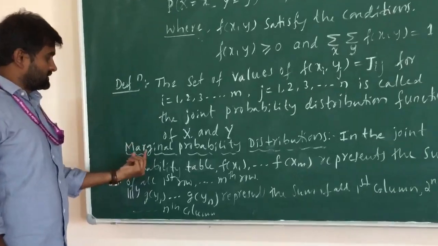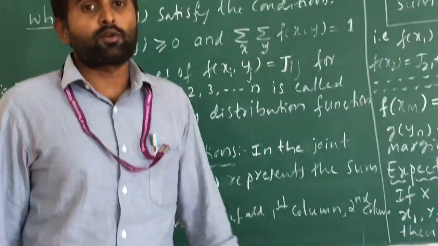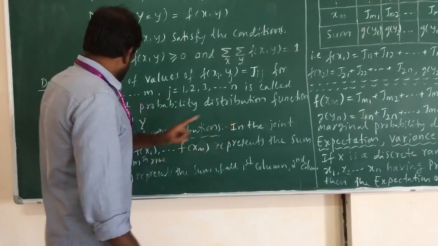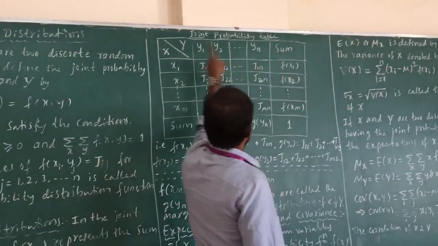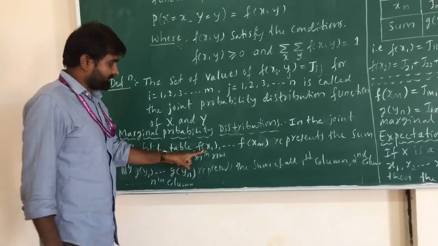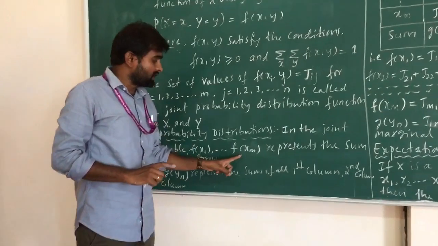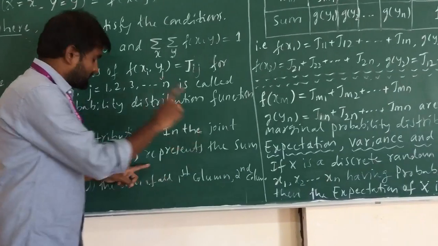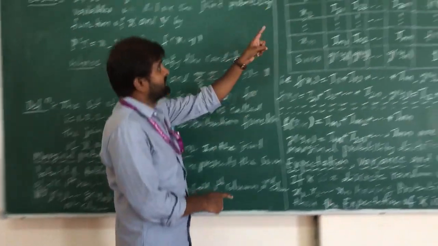Then another definition, another basic point, is the marginal probability distribution. Here, in the joint probability table, I am explaining afterwards. In the joint probability distribution table, f of x1, f of x2 and so on up to f of xm respectively represent the sum of all entries of each row.